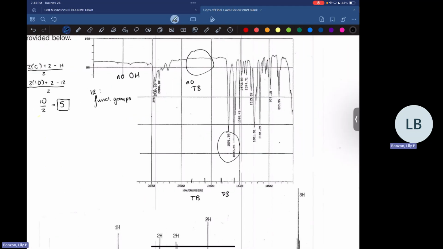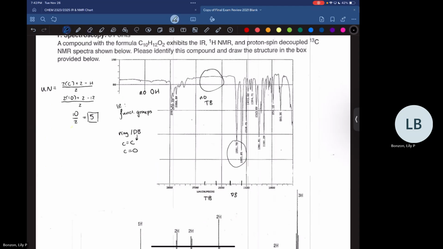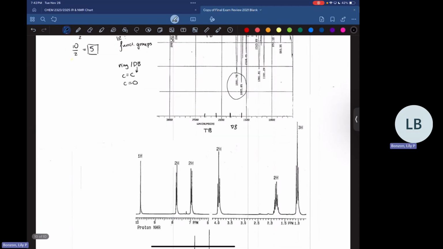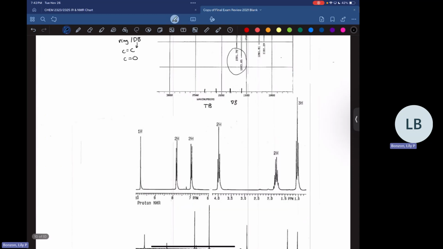So our unsaturations are going to come from either rings or double bonds. And this could be C double bond C or C double bond O for the double bonds. So the next thing I like to do is to see if there's going to be a benzene in my structure.